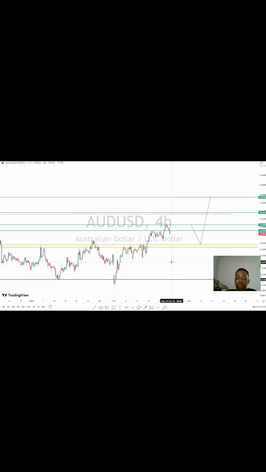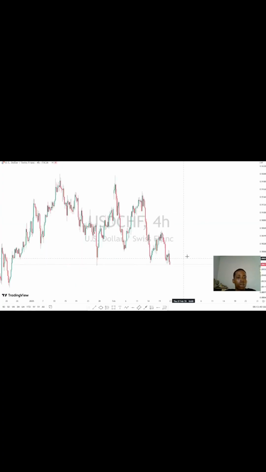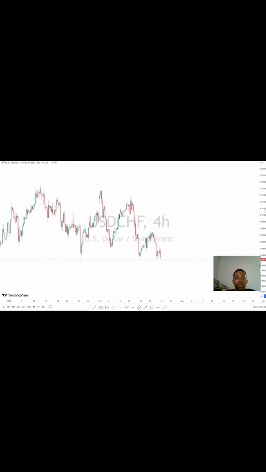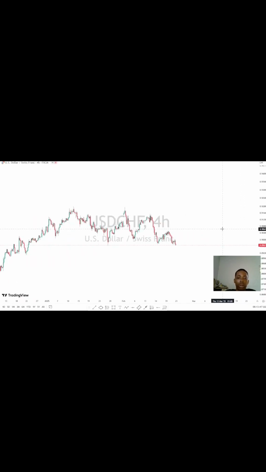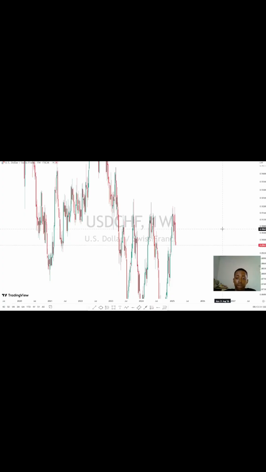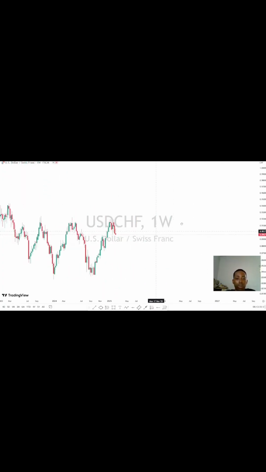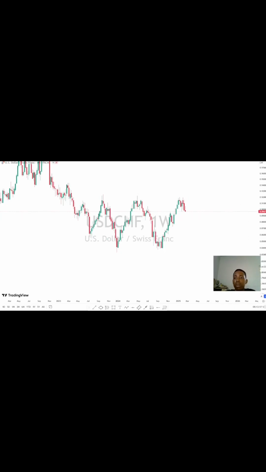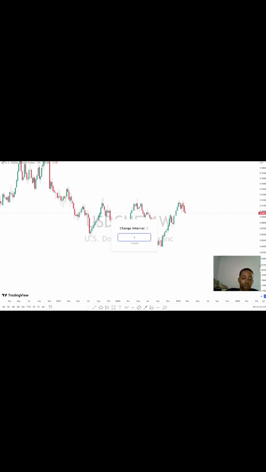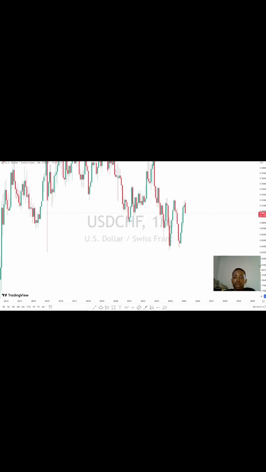So I will be shifting to USD/CHF. USD/CHF, these are my 4 hours. Let's move to the weekly time frame and see what the USD/CHF is doing. Let me zoom it out clearly. Let's go to the monthly.